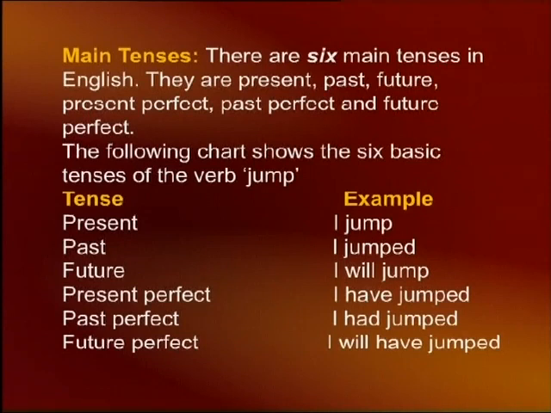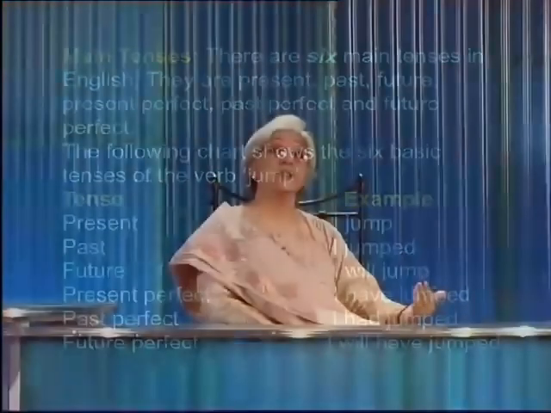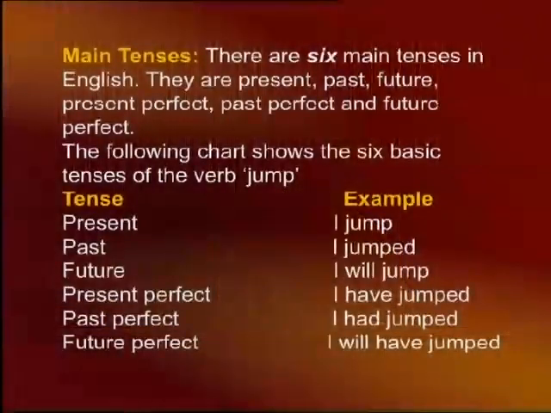Past tense, I jumped. Future, I will jump. Present perfect, I have jumped. Past perfect, I had jumped. And future perfect, I will have jumped. These are the six basic main tenses of English. Now, we shall look at these tenses in greater detail.